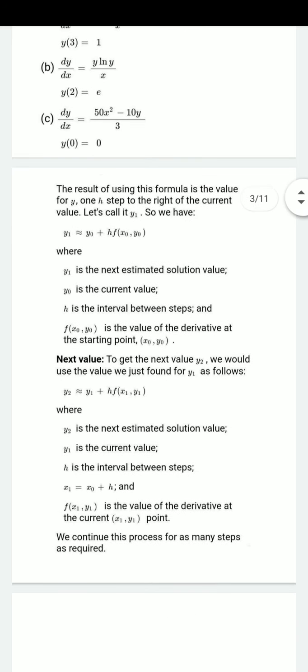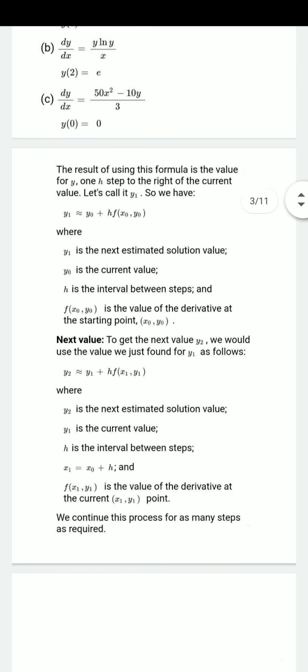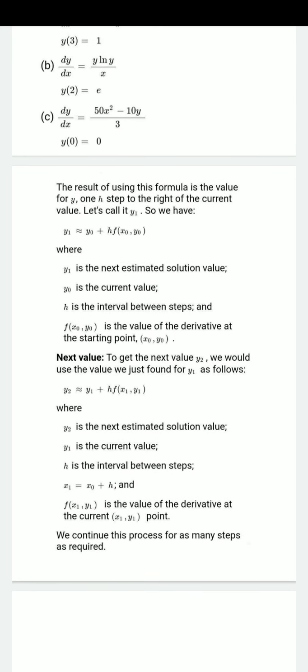The result of this formula is the value for y one h step to the right of the current value.